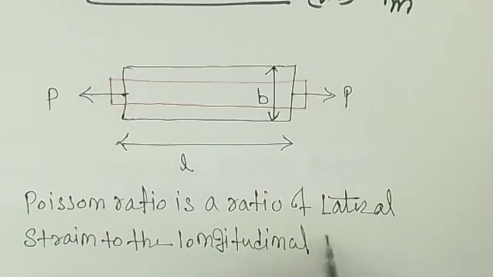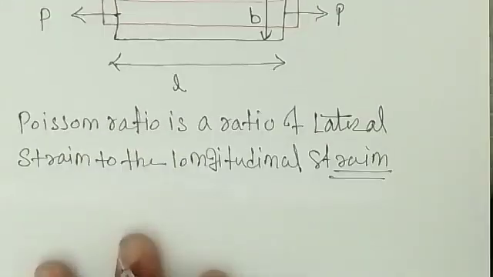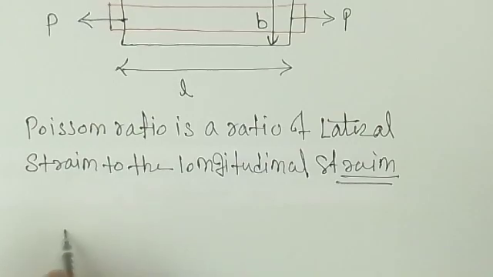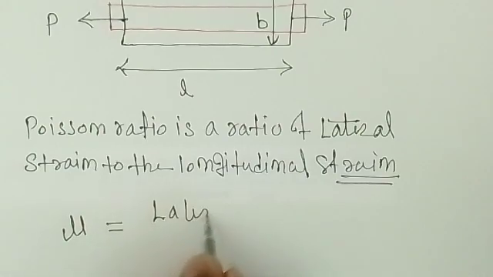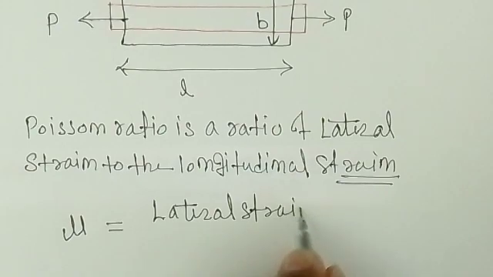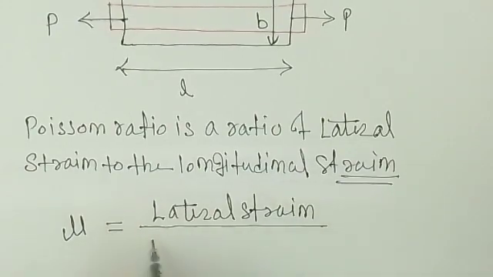Either you can denote it mu or 1 by m, and I am using mu. So the Poisson ratio is the lateral strain upon longitudinal strain, right?